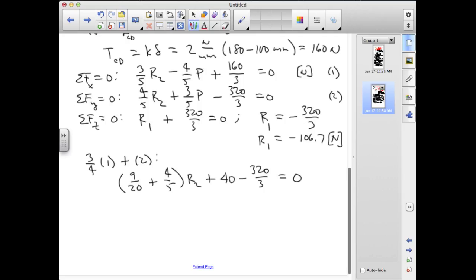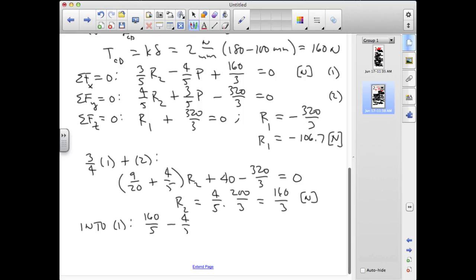And if I solve for that, I end up getting that R2 is equal to 4/5 times 200 over 3, which gives me 160 over 3 newtons.